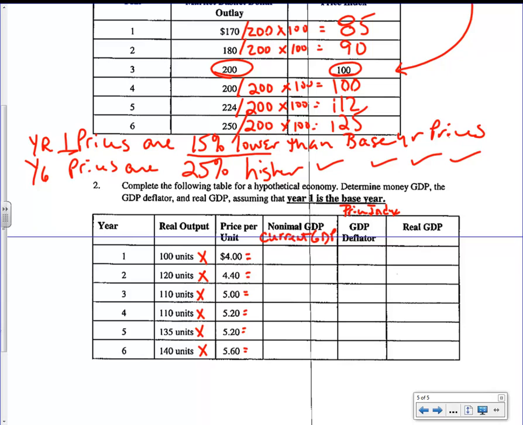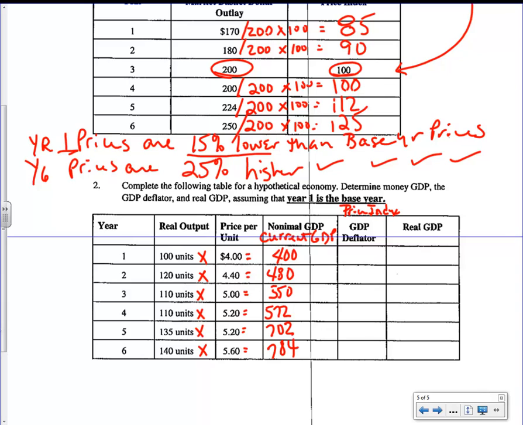Once we do that, we're going to have 400, 480, 550, 572, 702, and 784. Calculating your current or nominal GDP.